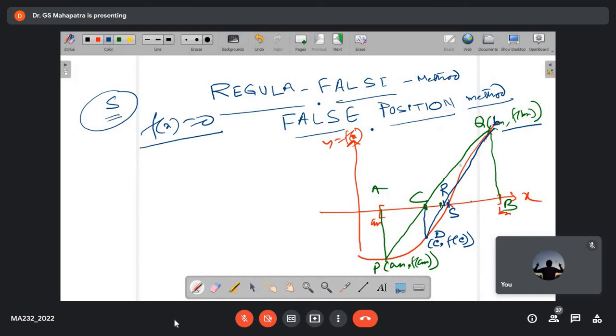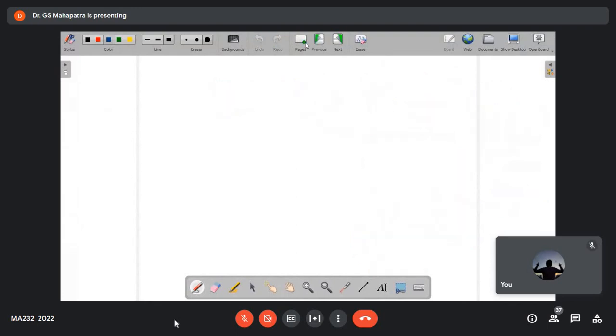Now the mathematical computation. How can you derive that? So I will go to the next slide. Okay, next page. How can you find the mathematical formula for this method? I will draw it. So let us consider, this is the curve.